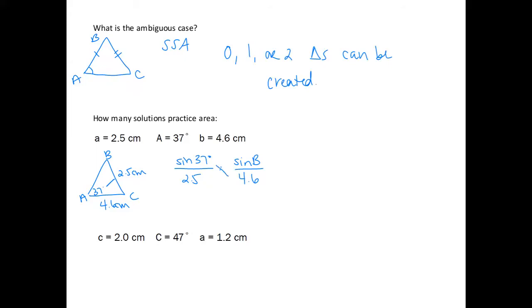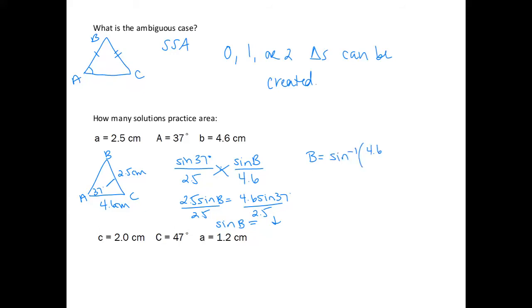So same process, we're going to start by cross multiplying. In this case, we'll have 2.5 sine of B equals 4.6 sine of 37. And then we divide both sides by the 2.5, just algebraically getting sine of B by itself. That fraction would be equal to the sine of B. So in order to find angle B, what we then do is we take the sine inverse of that big fraction.